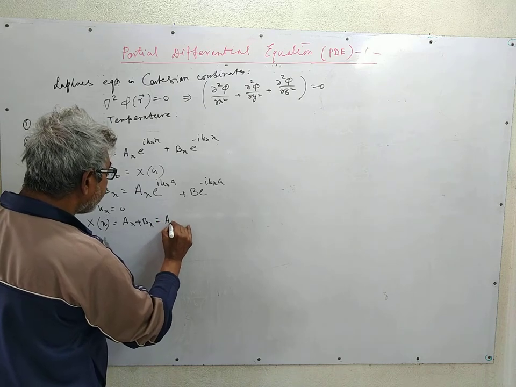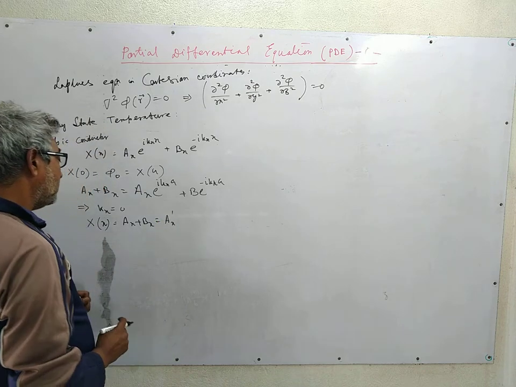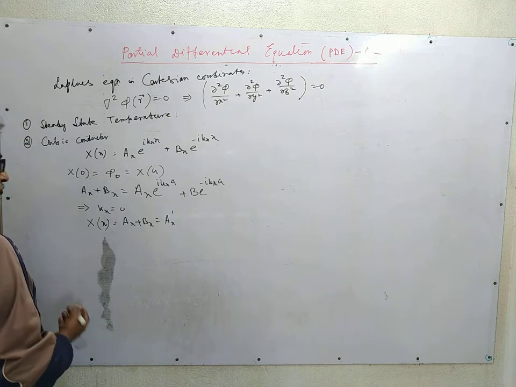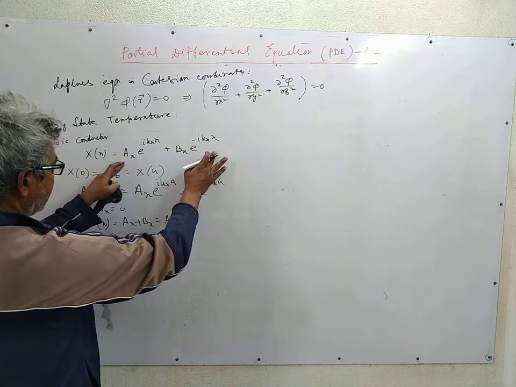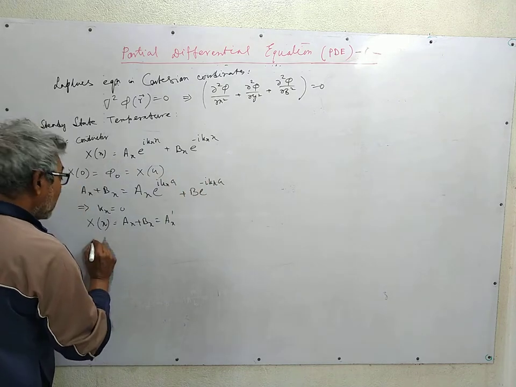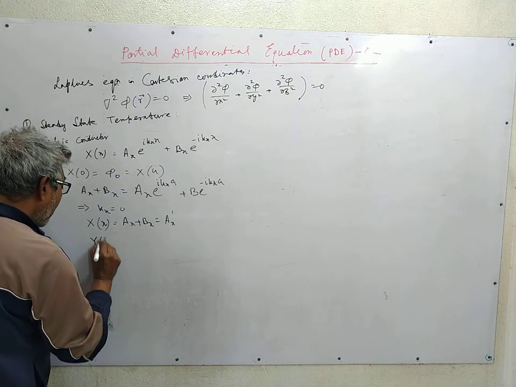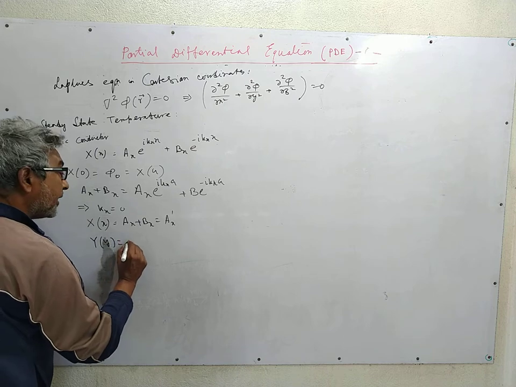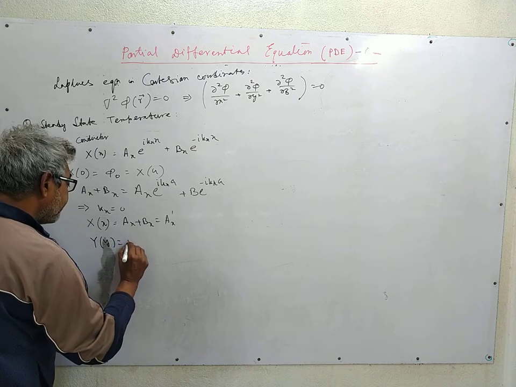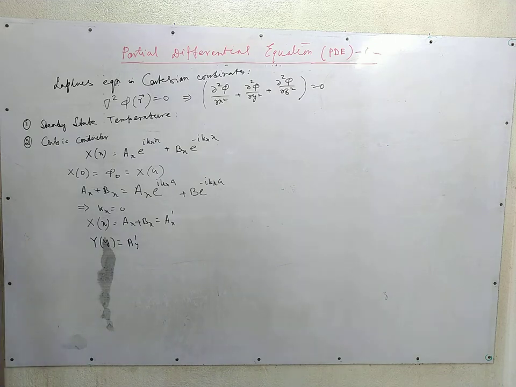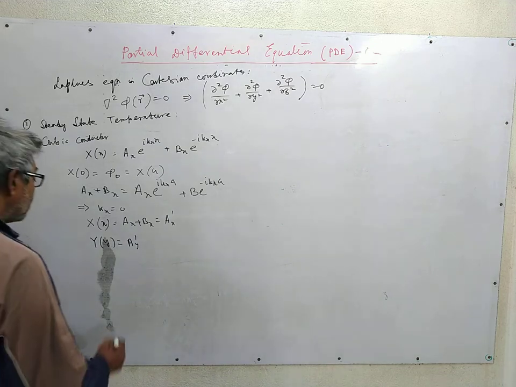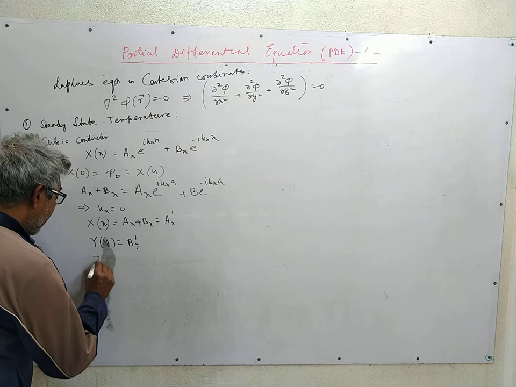we call it another constant, a prime of x, a new constant. Similarly, the solution in the y direction is chosen in this form, and we call Y of y again another constant, ay prime. Now coming to the z direction, the solution in the z direction also satisfies this.